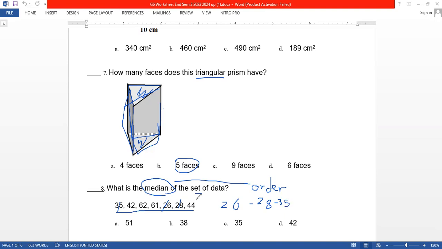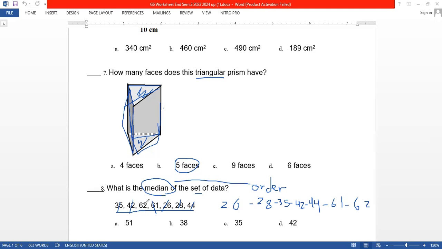Then I have 42, then 44, then 61, then 62.